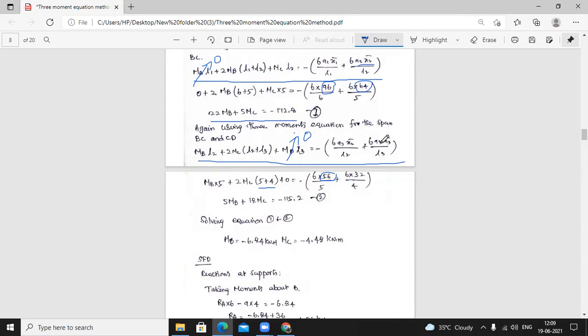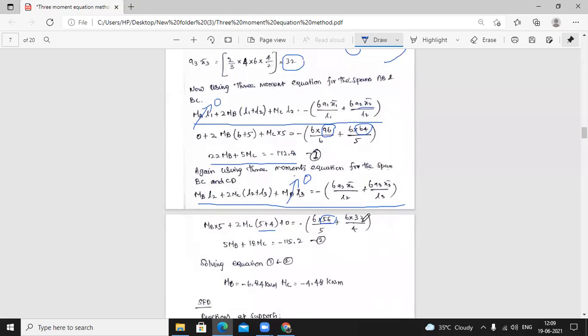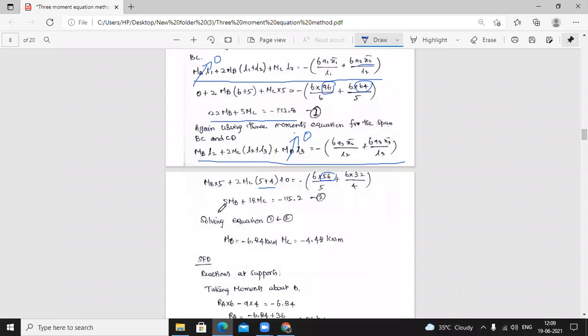Next plus 6 A3 X3 bar divided by L3. So what is A3 X3 bar? It is 32. Therefore 6 into 32 divided by 4. So now we calculated the second equation: 5 MB plus 18 MC equal to minus 115.2.